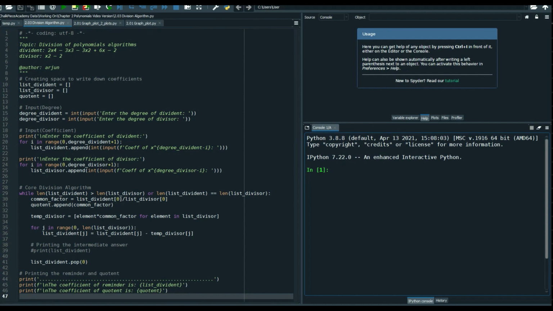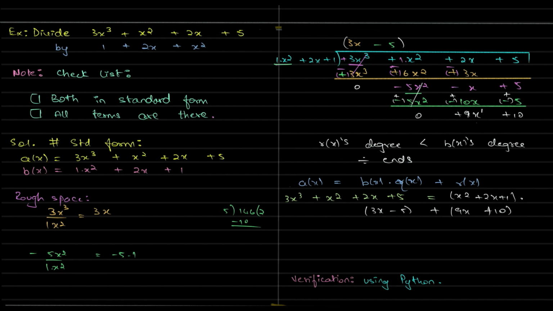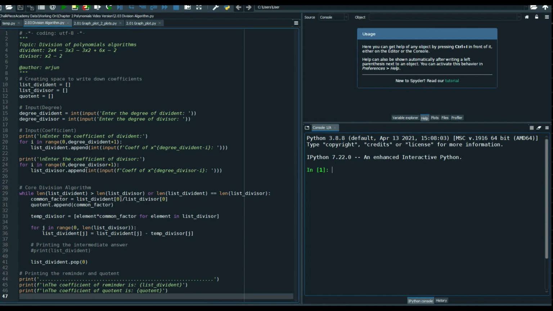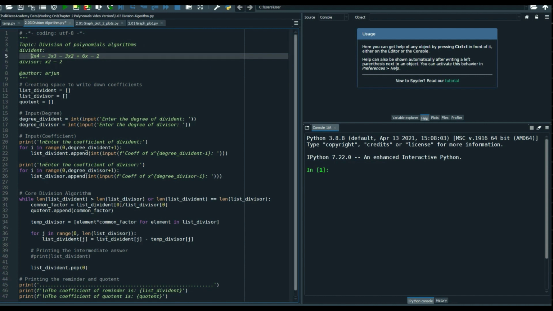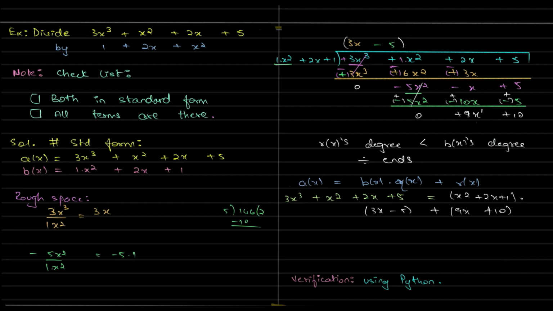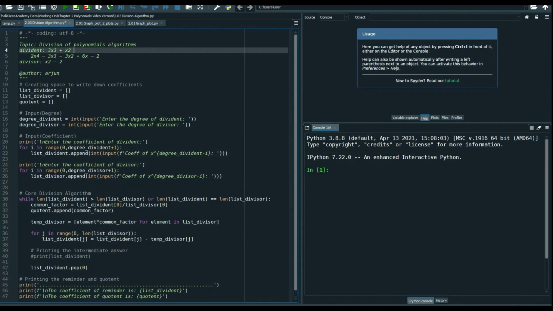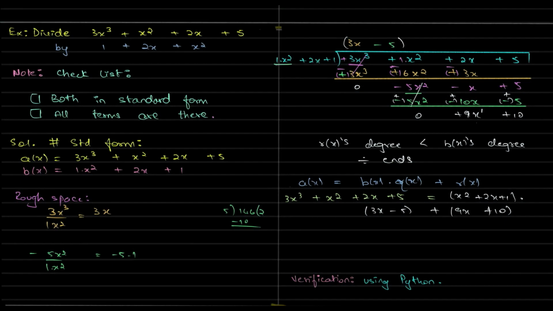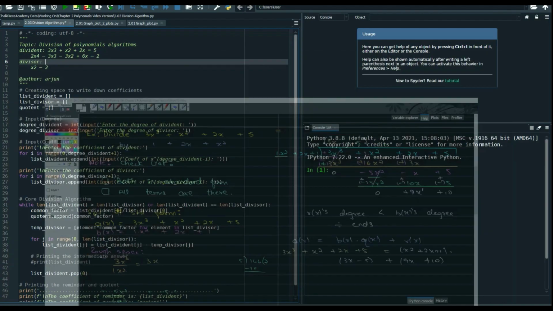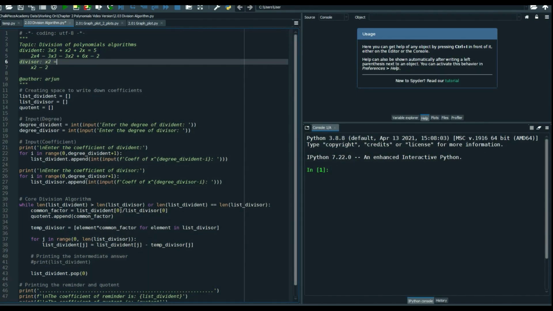Yeah, so we're looking at division of 3x cube plus x square plus 2x plus 5, right? I'm dividing 3x cube plus x square plus 2x plus 5, and the divisor is x square plus 2x plus 1.